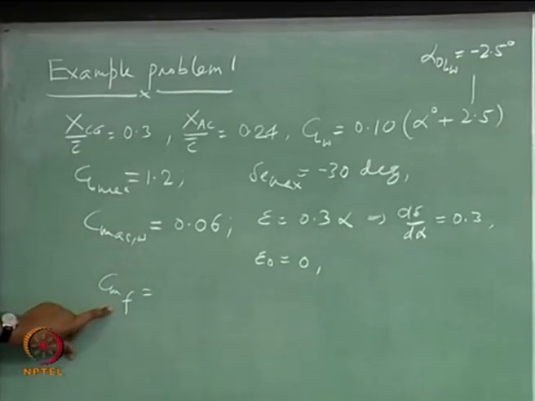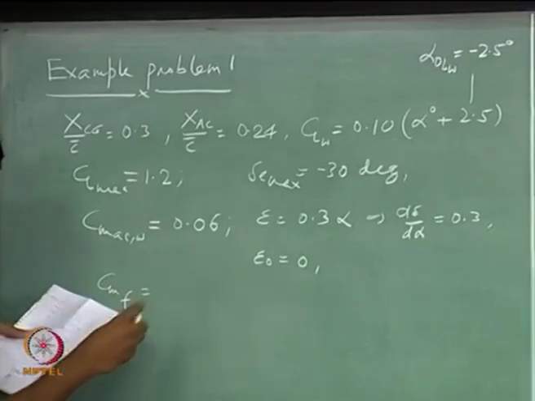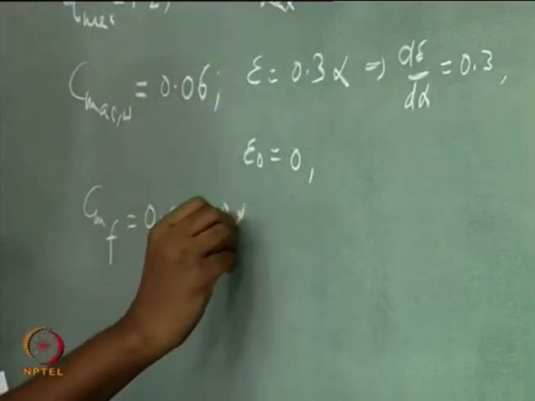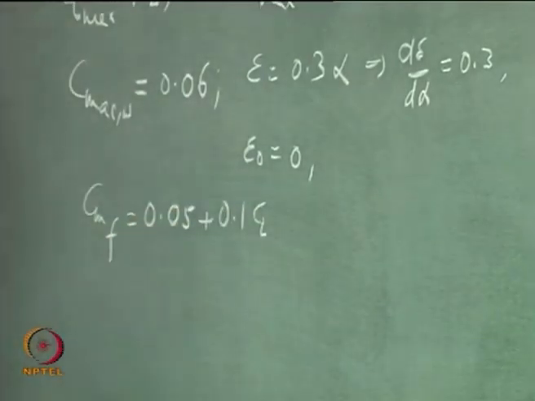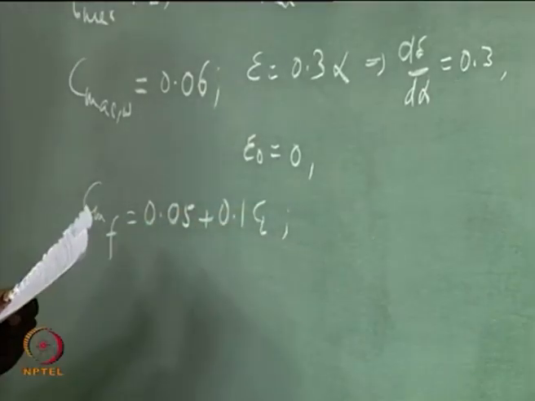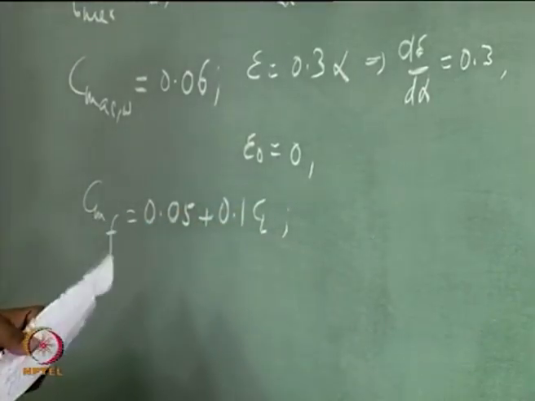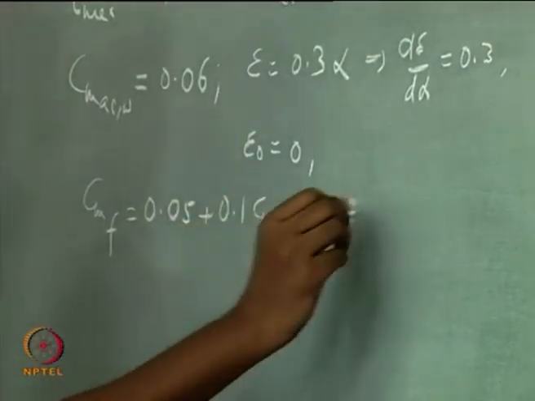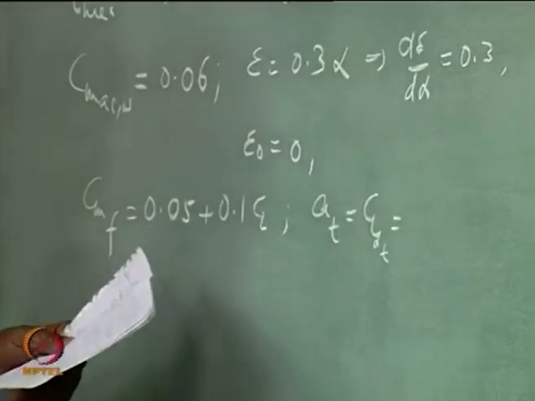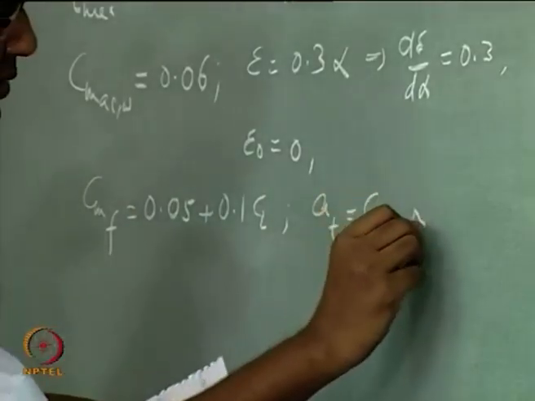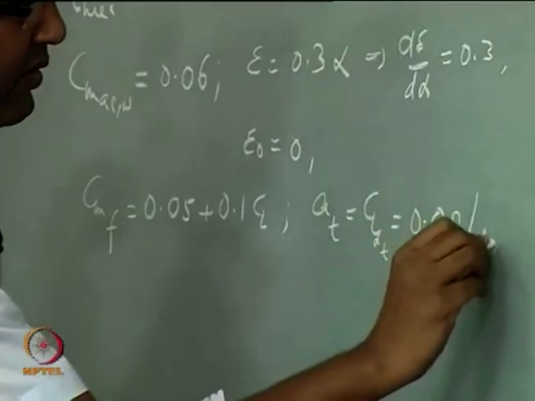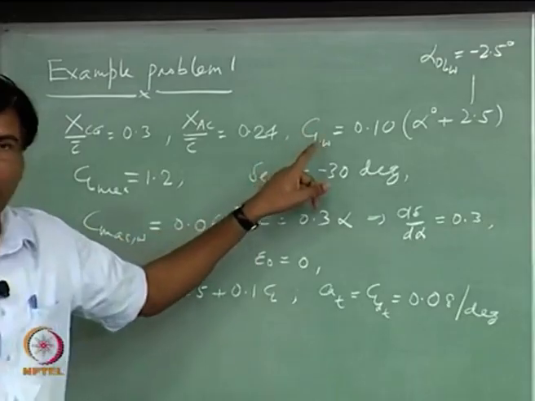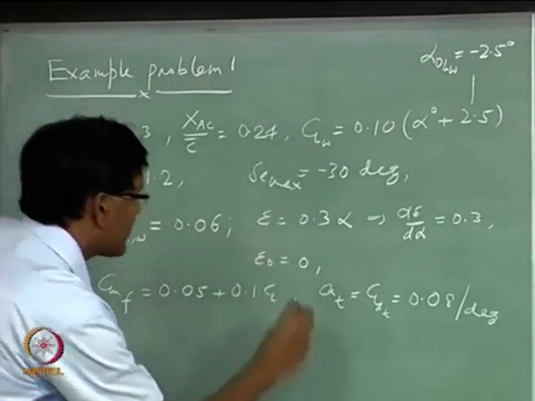Cm due to fuselage, lift curve slope of the tail, and lift curve slope for the wing you can find out from here, right.